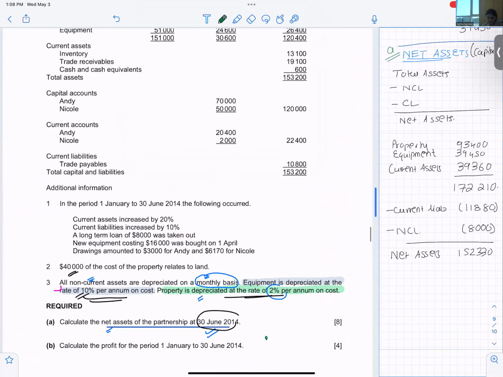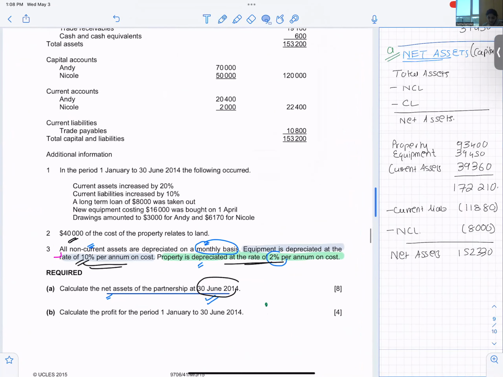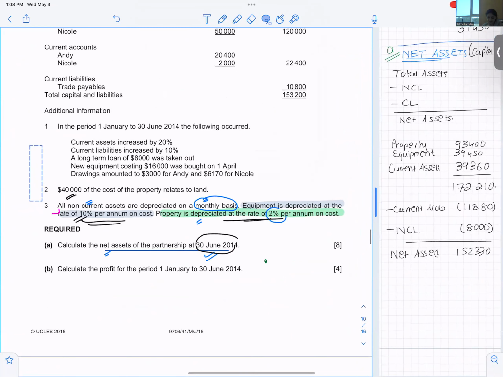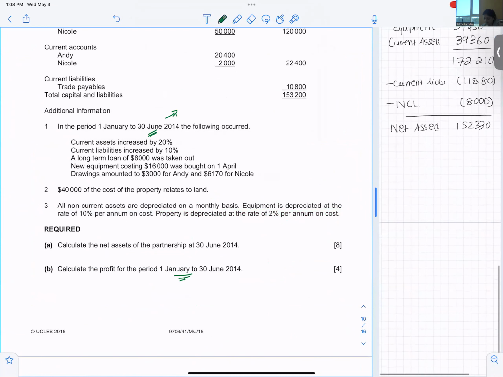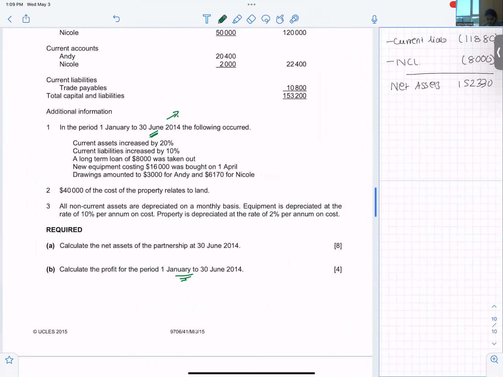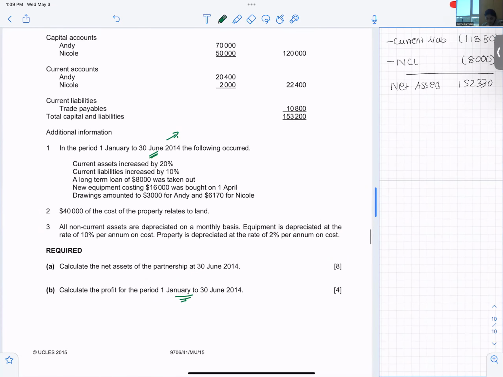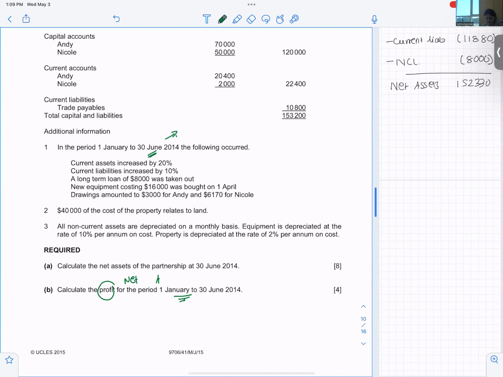Now what is the B part? Calculate the profit for the period 1st Jan to 30th June. That means they want the profit for 30th June. If they ask you to calculate profit with the help of net assets, how will you calculate?